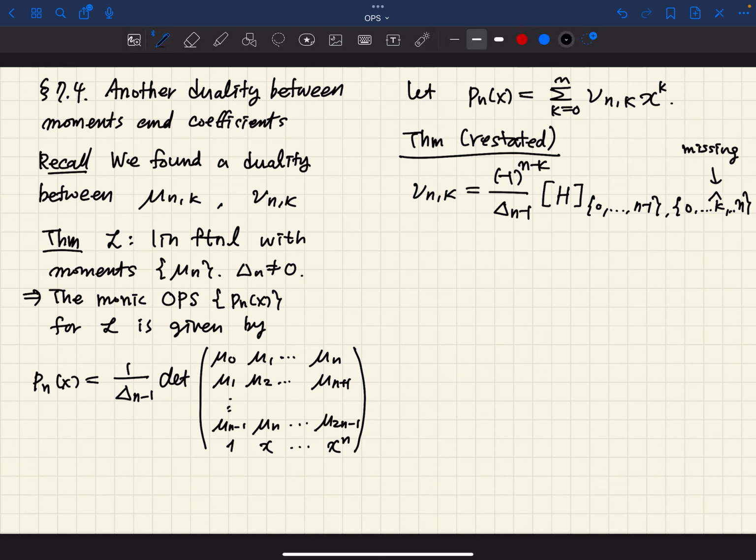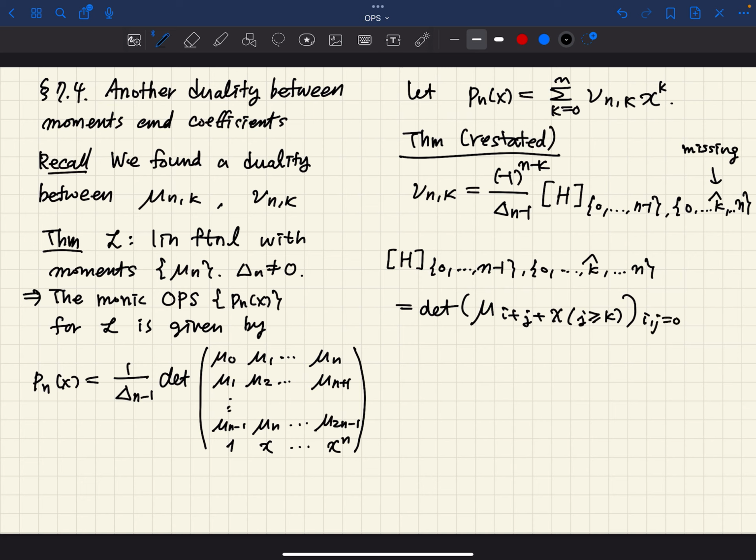Let's look at this K_n. This can be written in this way: the determinant of mu_{i+j+chi(j>=k)}, with i, j from 0 to n-1, where I'm using some notation just for convenience.